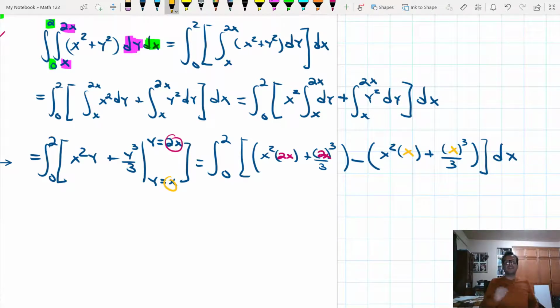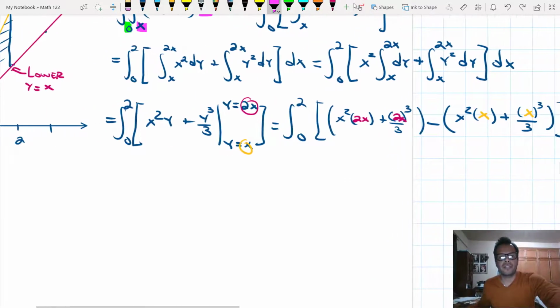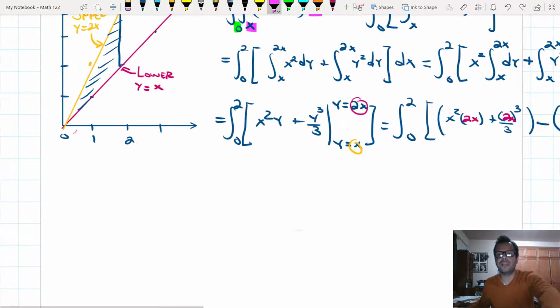This will take a while to simplify. When we simplify, x squared times 2x gives us 2x cubed.